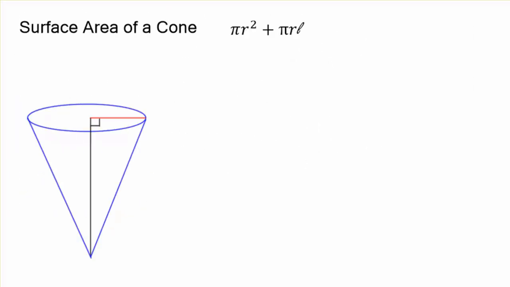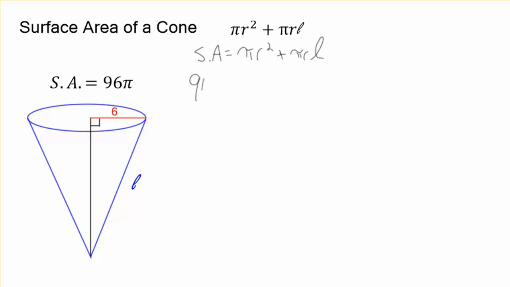So let's use the formula for a different kind of problem. Let's say they gave you this cone, and the radius is 6, and they don't give you the slant height, but they do tell you that the surface area is 96 pi. Now I'm going to leave off all of the units here, no meters or centimeters. Let's just use the numbers. So we write surface area equals pi r squared plus pi r L. That's what you need to memorize.